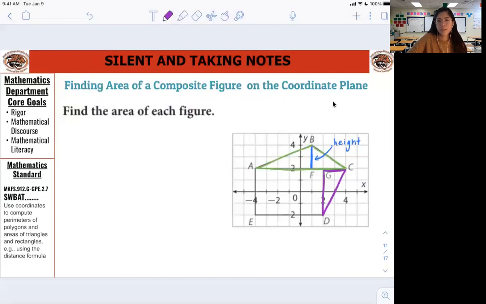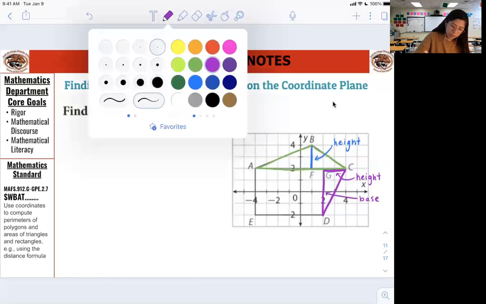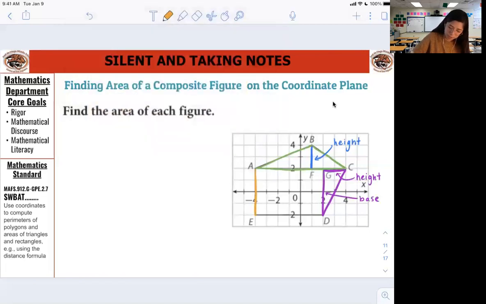From where to where? Good, GC. So that's the height. And then you can say that this is the base. And then we've got the rectangle, which is just this big guy right here. So what we need to do is find the area of each of these smaller shapes, and then we can basically add them all up.